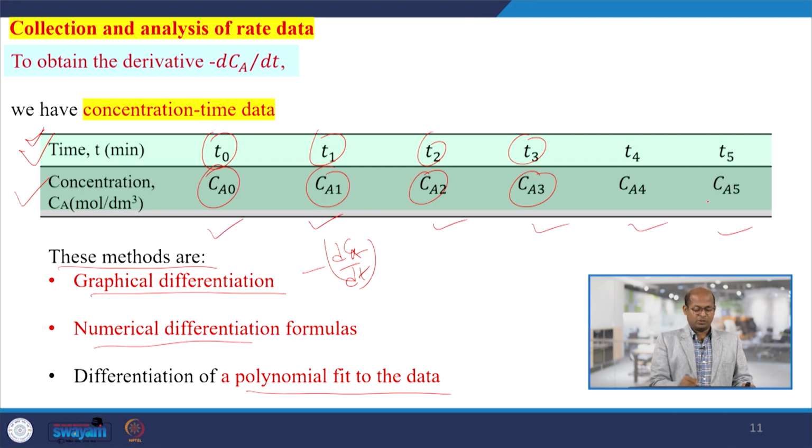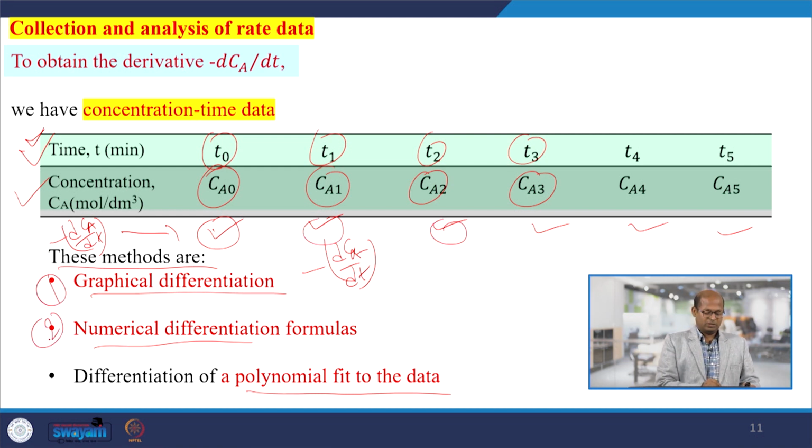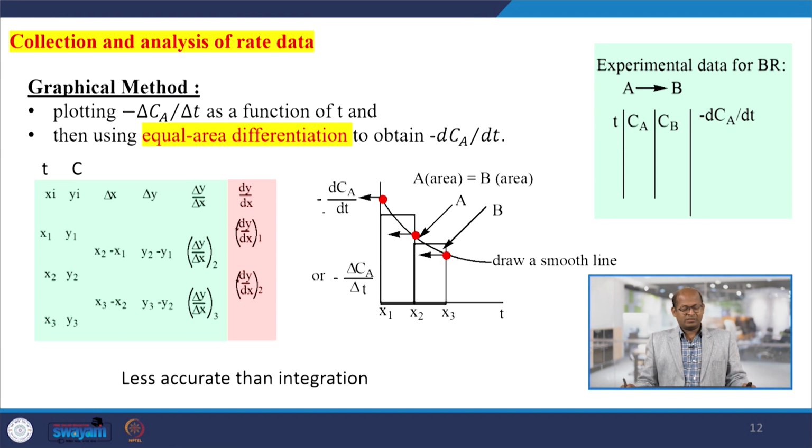This value we have to find out. So, these are the methods: graphical, numerical, and polynomial fit. One by one we will discuss these methods. First, the graphical method. Number one is the graphical method.